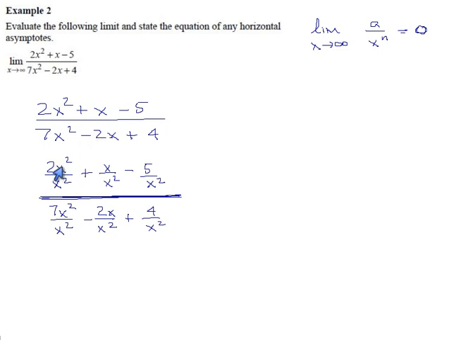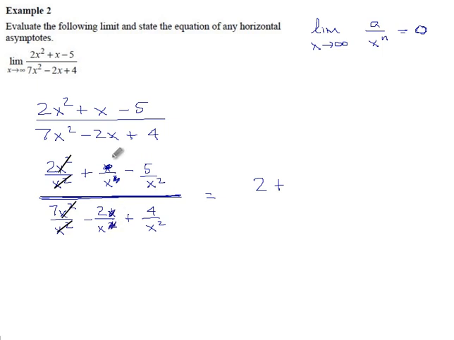Now, these x's we can cancel. These aren't infinities, so we can cancel those x squareds. They're just gone. And after we do that, here's what we have. Oh, I'm sorry, there's a few more x's we can cancel here. Here we have x over x squared. I can cancel a single x in the numerator and one of the x's in the denominator. And same here.